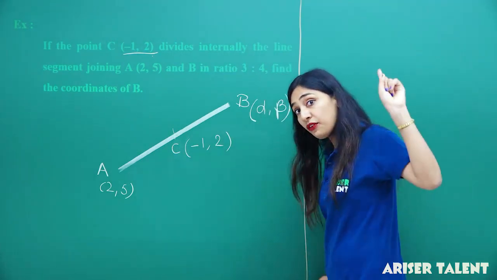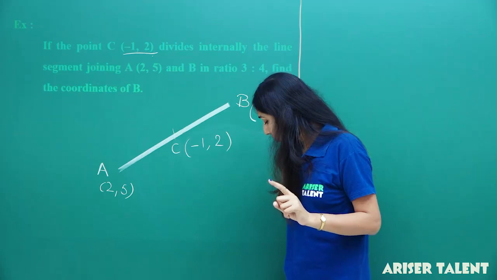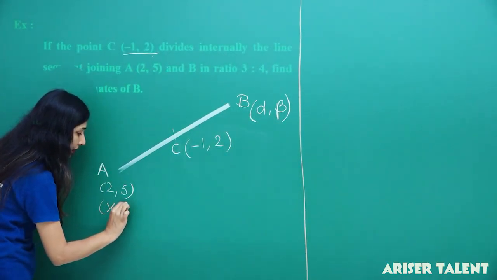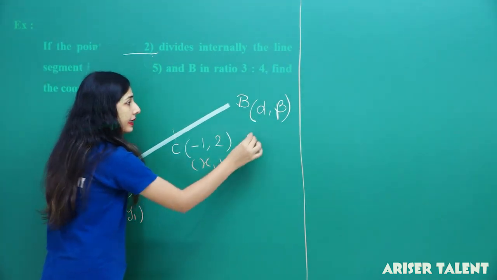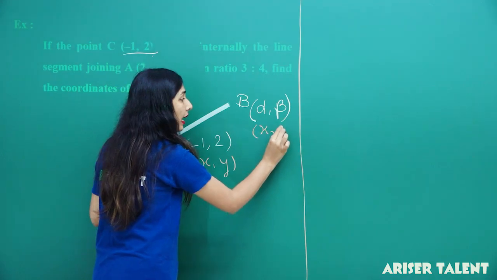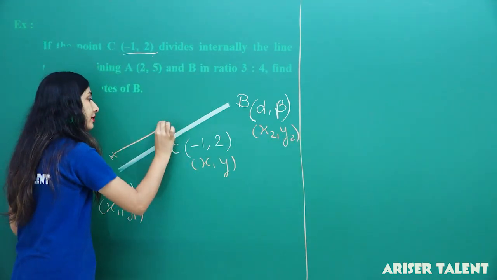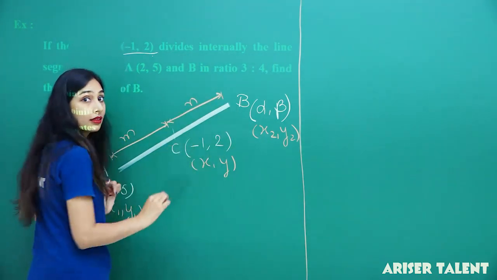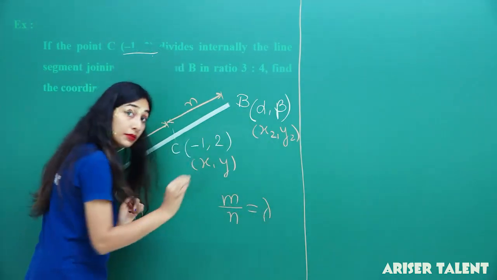Now if I go back to the section formula, I'll find that this was my x1, y1, that was my x and y, and that was my x2 and y2, and this was m and this was n, and m by n was equal to lambda.